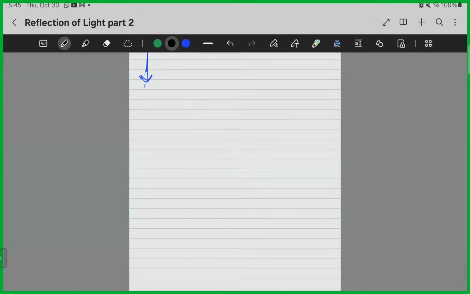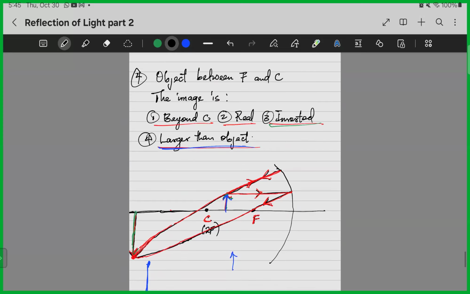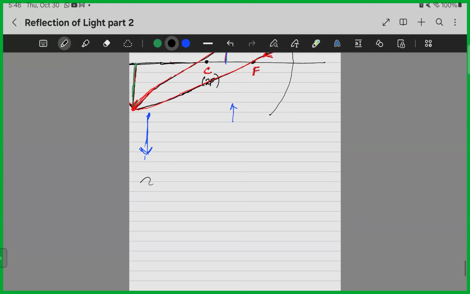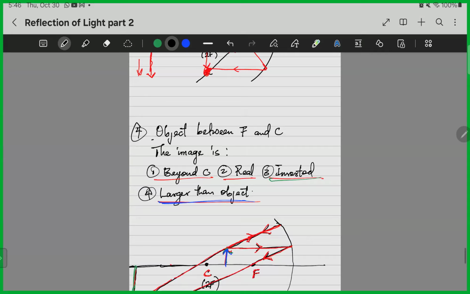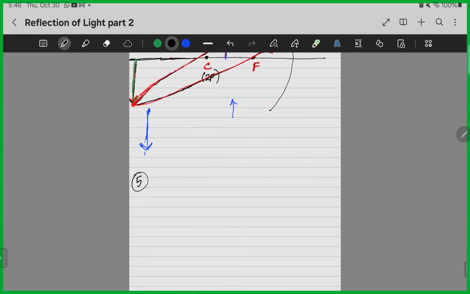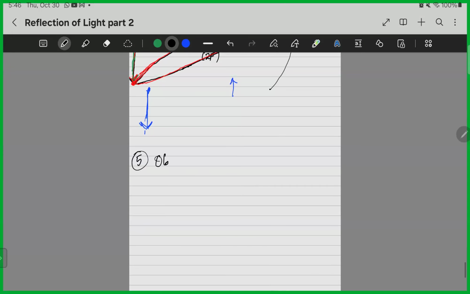So number 5. We're considering a case now. We've considered the number 4 case, when the object is between F and C. Now we are considering a case where the object is at F itself. So when is it that it is at F?